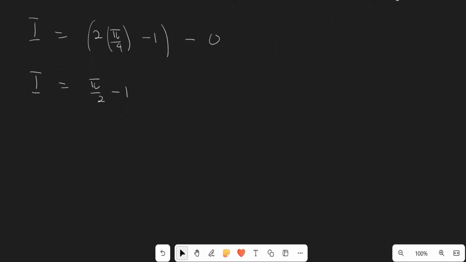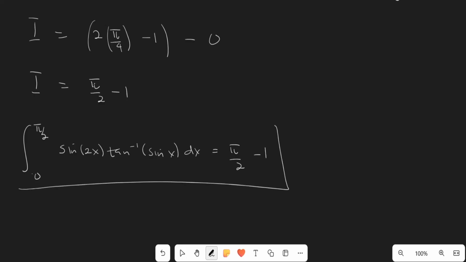So this is going to be the value of our integral. Therefore, if we integrate from 0 to pi over 2 of sine 2x, tan inverse of sine of x dx, this evaluates to pi over 2 minus 1. So this is the value of our integral.